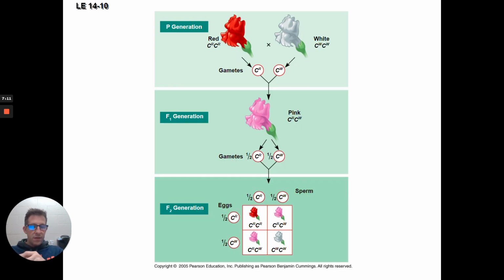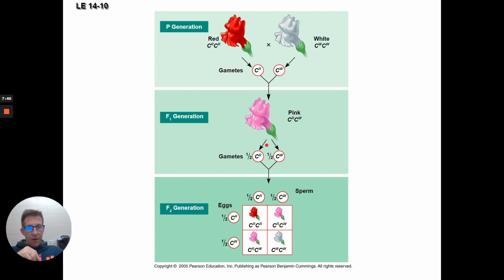If you look at the flow chart with the Punnett squares and the allele and gamete formations, it illustrates what these plants would look like. So if we have the P generation where the white flowered plant is homozygous recessive for the W allele, the white allele, and the red flowered plant is homozygous dominant for the red allele, each one of those produces a gamete with an R or a W, and then they mingle.